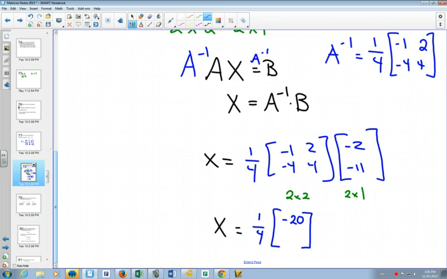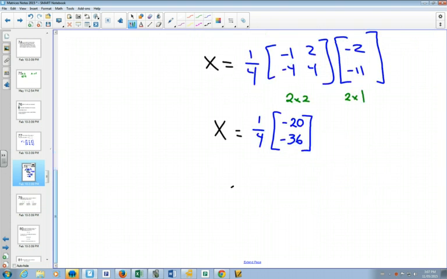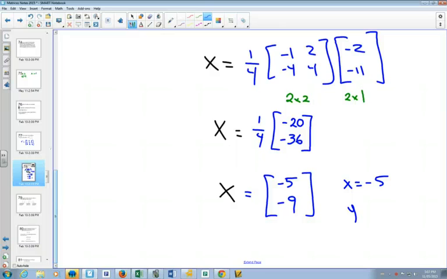And 8 and -44, -36. Multiplying that 1/4 through, -5, -9. So that tells me that x was -5 and y was -9.